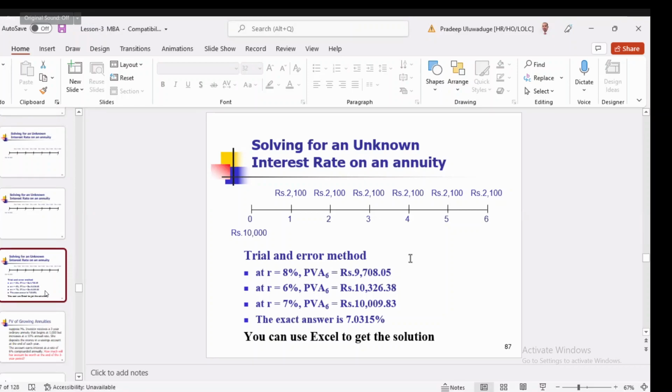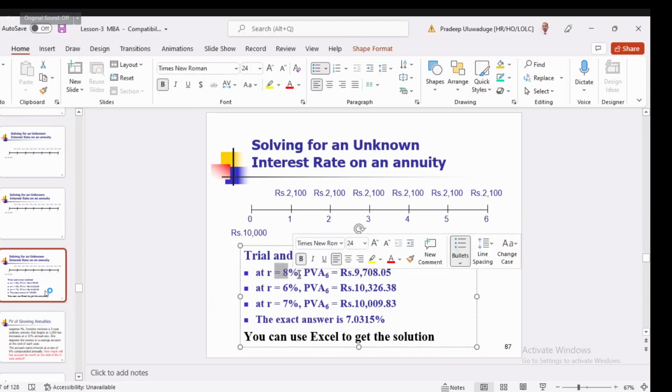Since it's a complicated equation, you can try a trial and error method. That is, you make a guess of the interest rate, apply it, and then calculate the present value. So let's say we have first taken r equals 8.